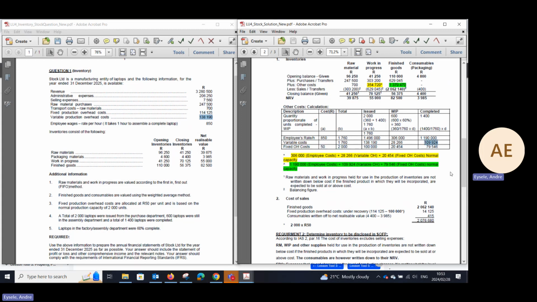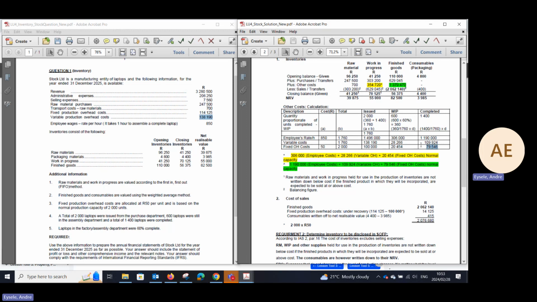An easier way to calculate that, colleagues: fixed overhead costs are allocated to production based on normal capacity. Therefore, we need to allocate it on the production units of 2,000 units. And therefore, it's 100,000 in total, 50 times 2,000. But again, we need to split it between work in progress and completed units, giving 79,546.